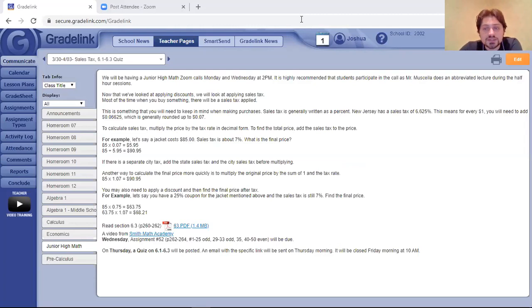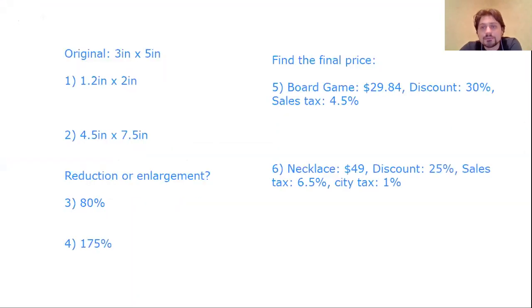What we're going to do is some example questions, which I just made up here. It's on the whiteboard, and I want you to work through and understand how these work.